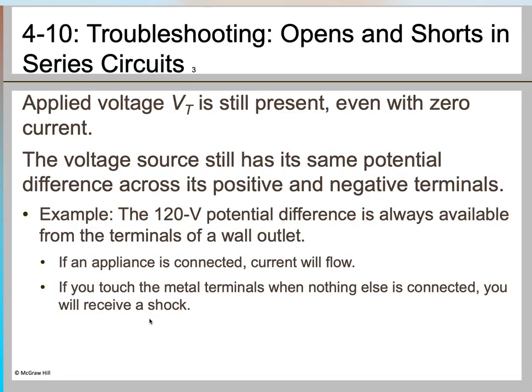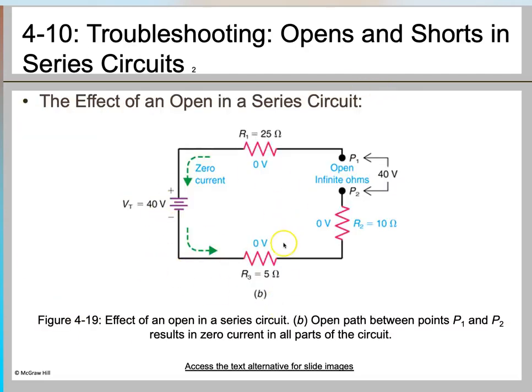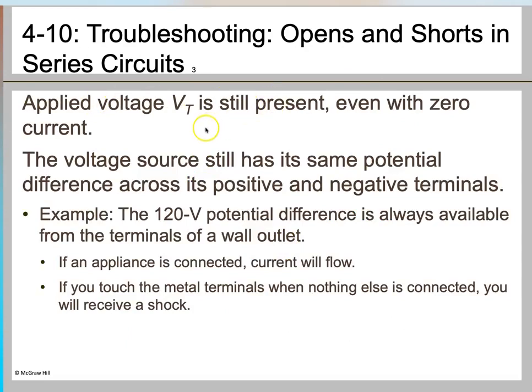Now this slide also talks about this circuit, and it tells that the applied voltage VT is still present in the circuit when you have an open circuit condition and zero current is flowing. The voltage source still has the same potential difference across its positive and negative terminals. An example is the wall outlet, where you have 120 volts potential difference.